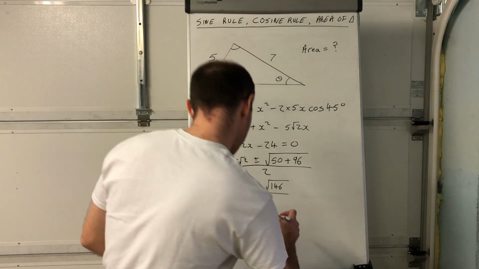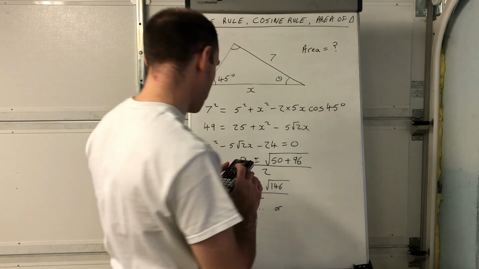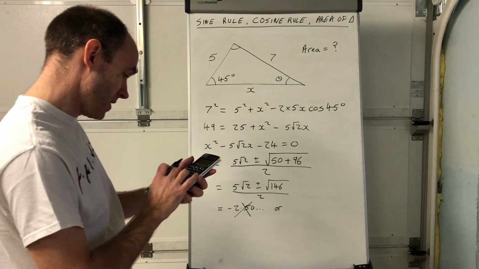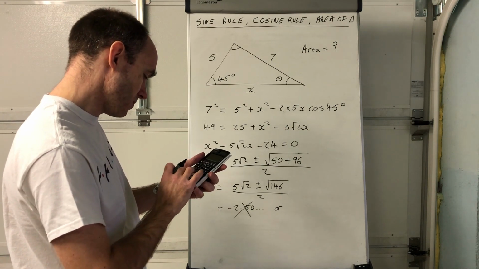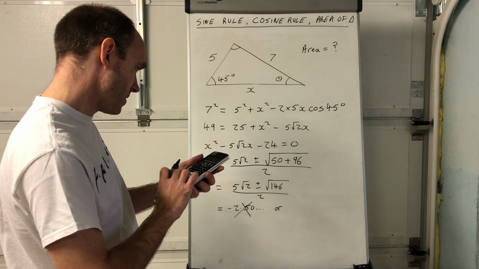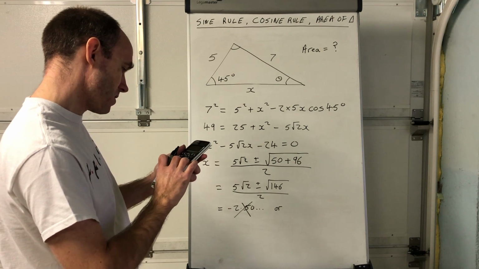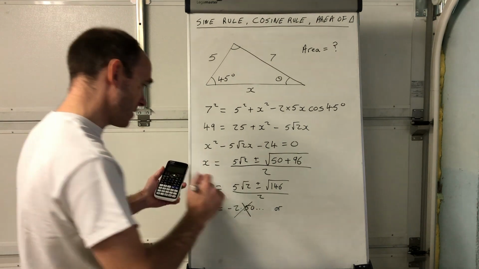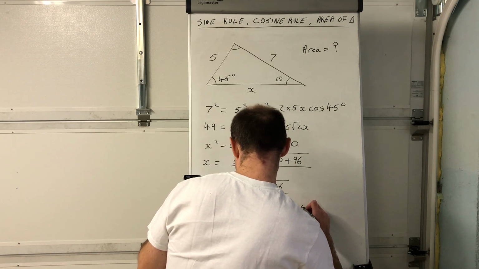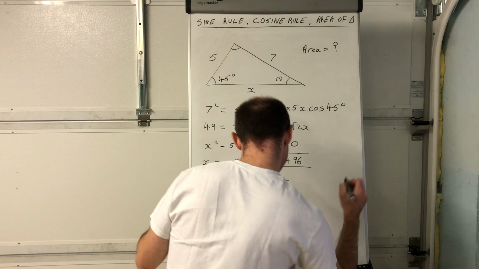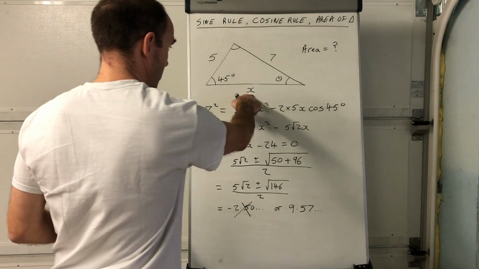The other answer, the positive one, would be 5 root 2 plus root 146, and then divide that by 2, and that's looking much better. Well, not as a value, it's looking a bit nasty, but that's a positive answer, 9.577 something. So that's that there.